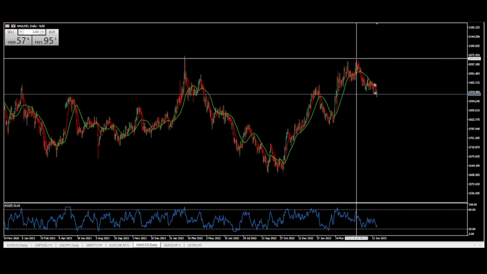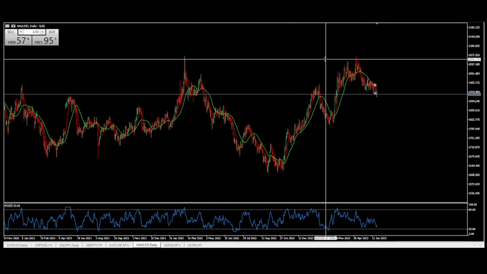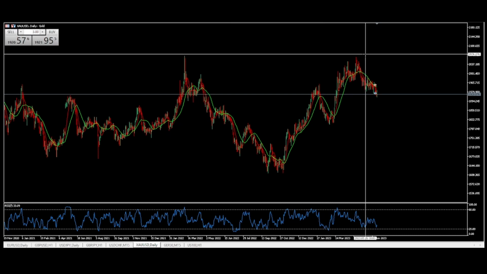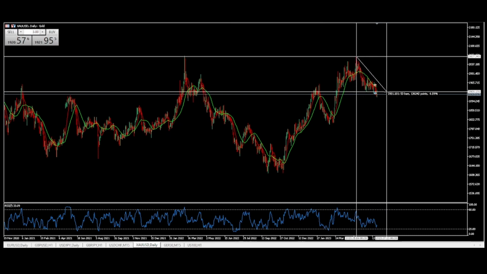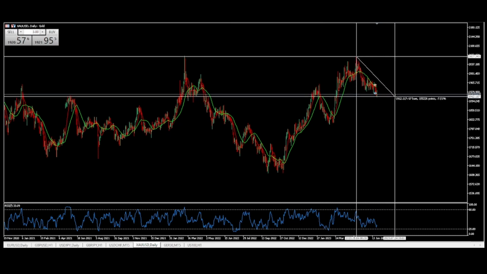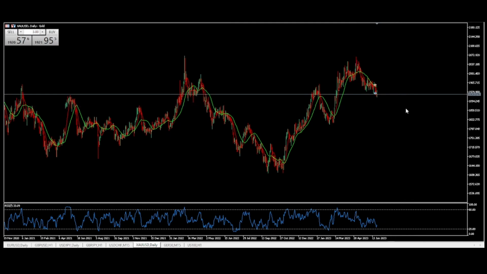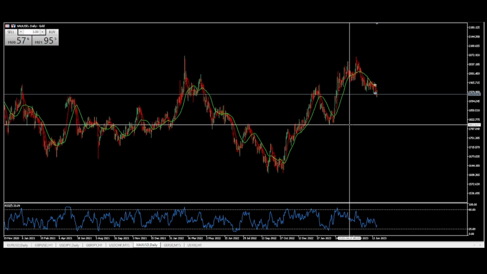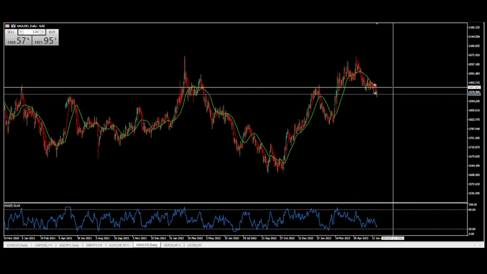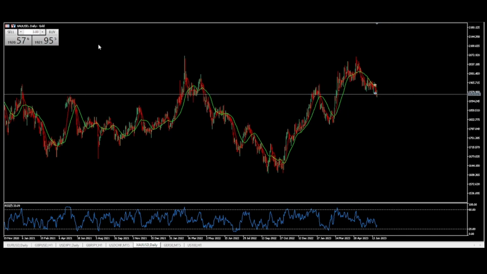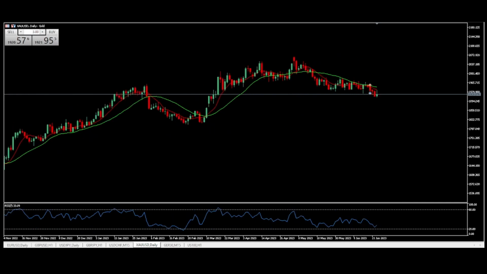We can't forget that gold is actually coming off a major resistance zone. So this movement that gold is taking right now is what is expected. How far we're going to go down with this price is impossible to call, but we can see that we are in a downward trend, so I'd be looking at getting involved with a few short trades here on its way down.